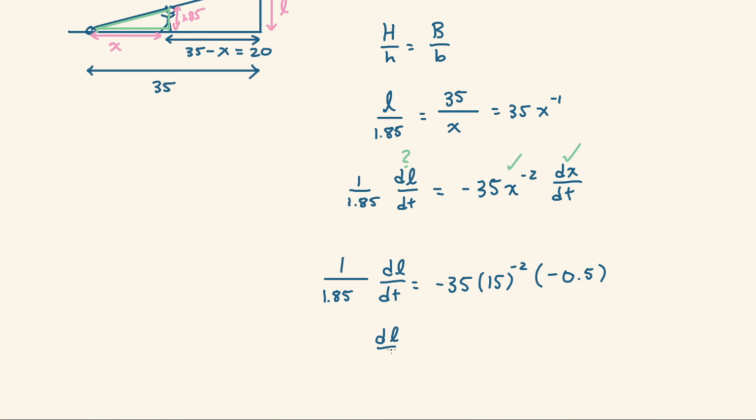So dL over dt is equal to 1.85 times all this stuff here: negative 35, times 15 to the minus 2, times negative 0.5. And that should come out to a total of 0.144 meters per second. And that's your answer for question G.